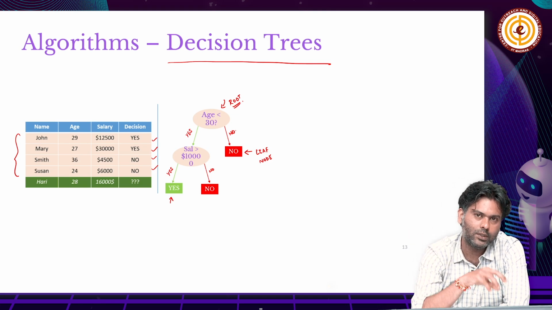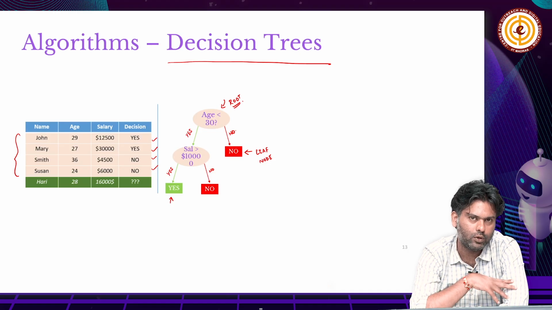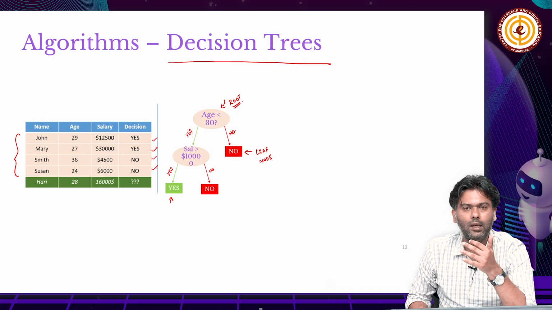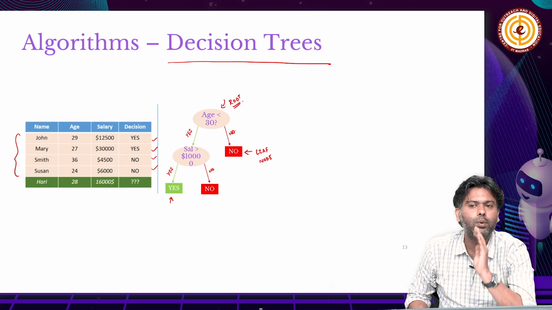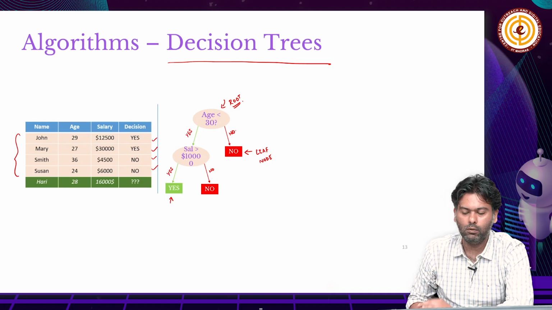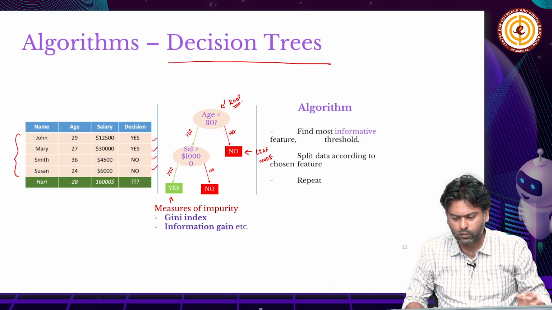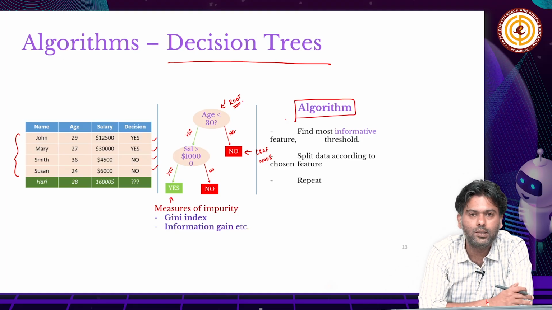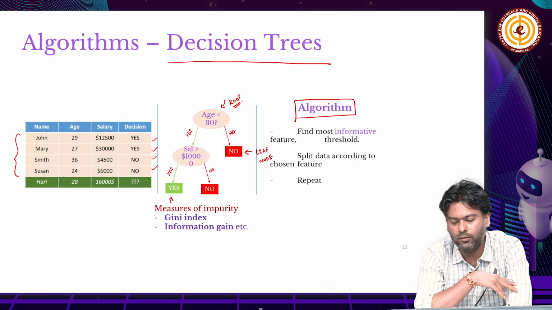As I said, the interesting question is, how can I build this tree from the historical data? Now, to do that, that's a slightly involved procedure. We won't really go into the specific details of this procedure in this workshop, but I'll give you a high level overview, right? So the algorithm that is used to build this decision tree roughly has the following flavor.